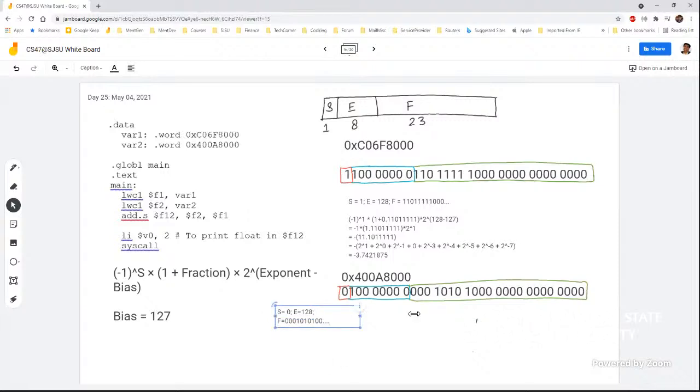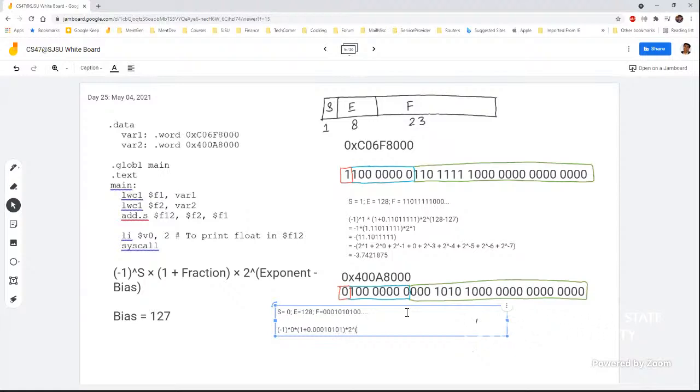Now, saying that, my value is minus 1 to the power 0 multiplied by 1 plus the fraction part. The fraction part would be 0 0 0 1 0 1 0 1. Let's just stop there.